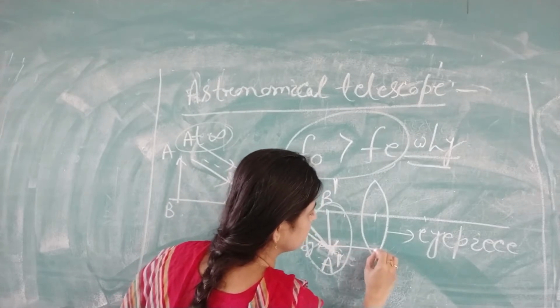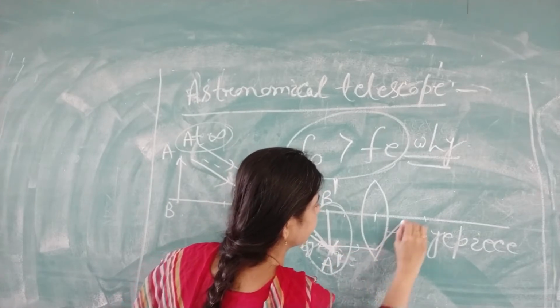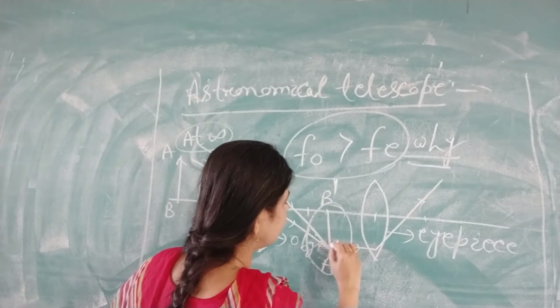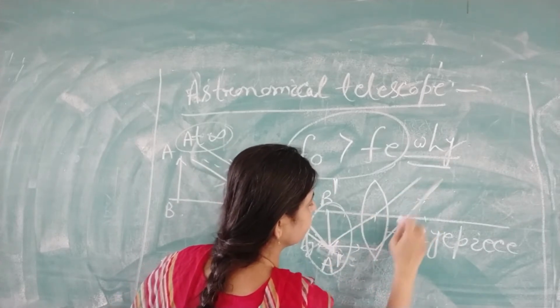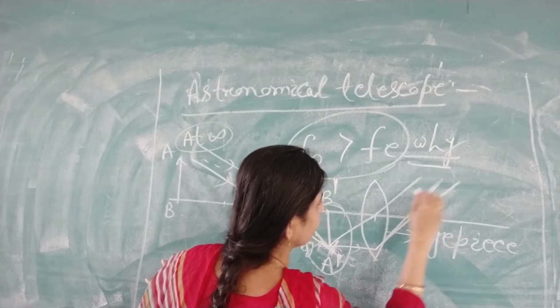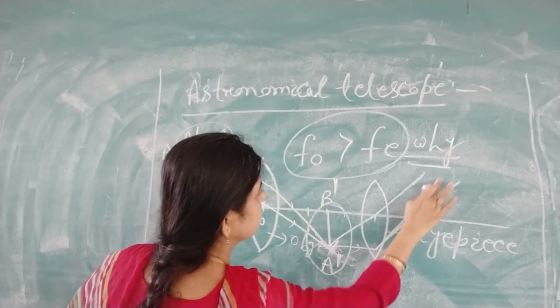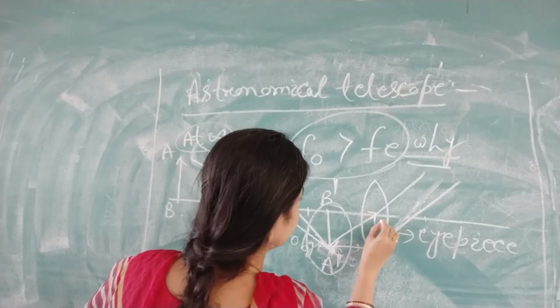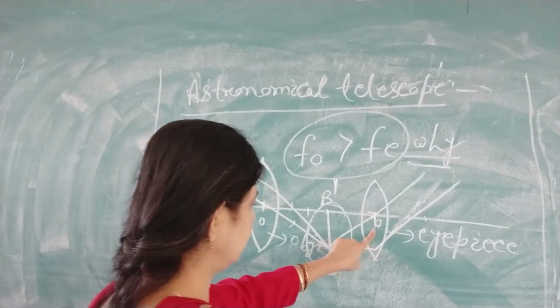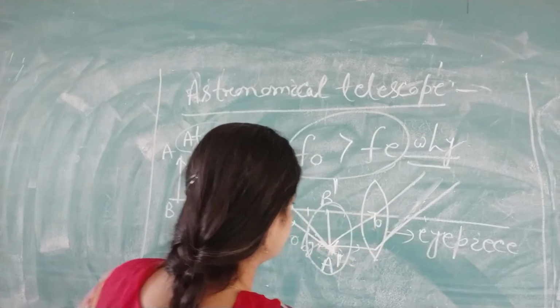So this is the incident ray and that will refract like this, and another passing through the optical center will go undeviated.